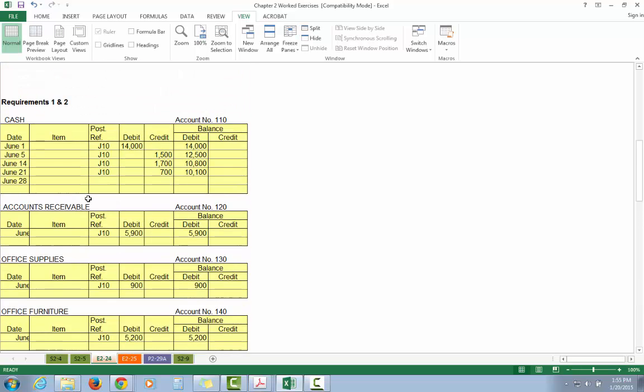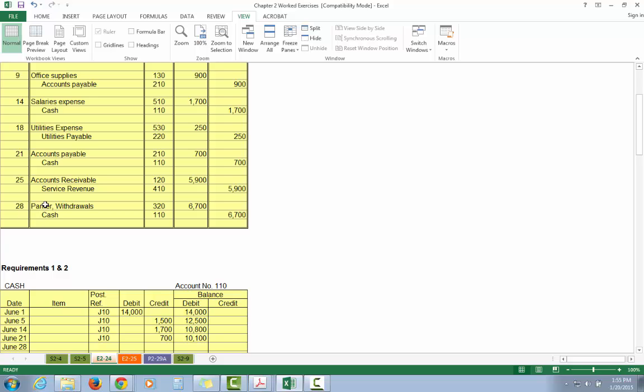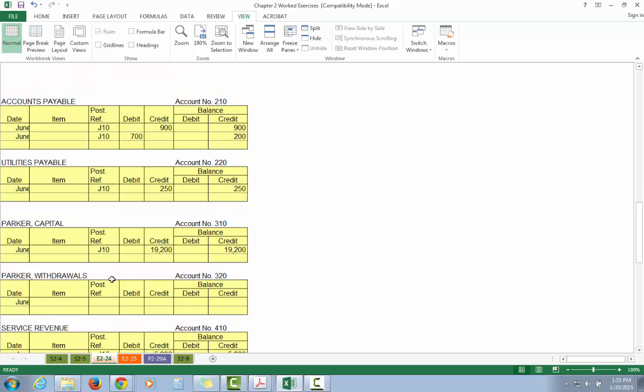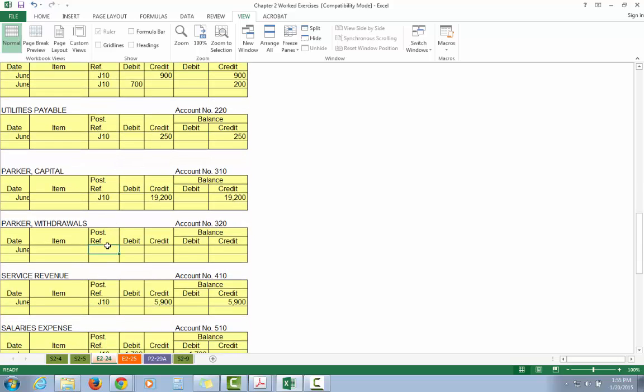That leaves us with one more journal entry. So we debit withdrawals, $6,700, and credit our cash. So I'm going to go ahead and credit cash, $6,700. So now we got a $3,400 balance, and then we're going to do withdrawals. It was a debit.